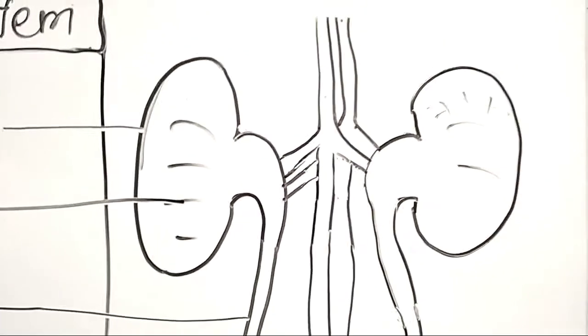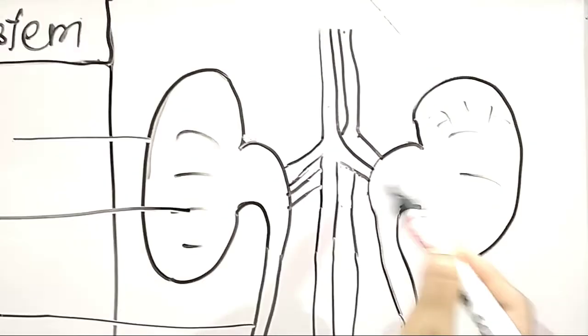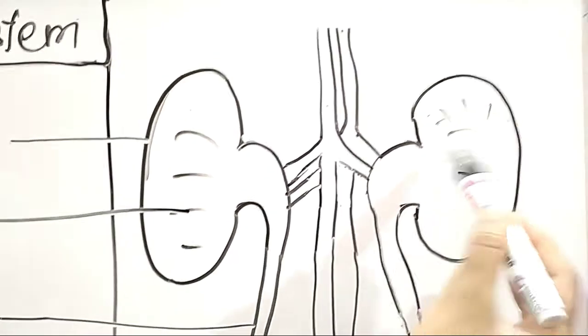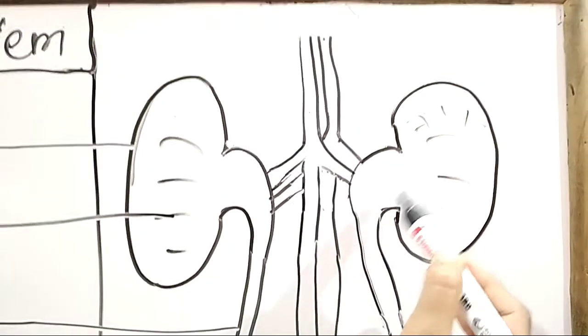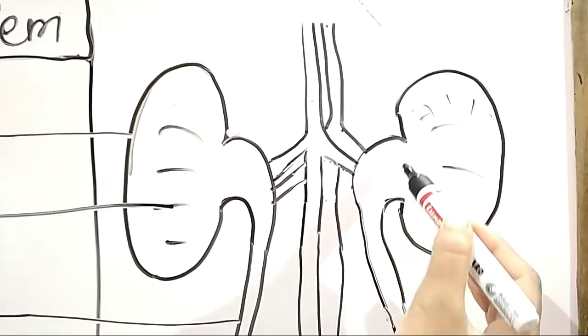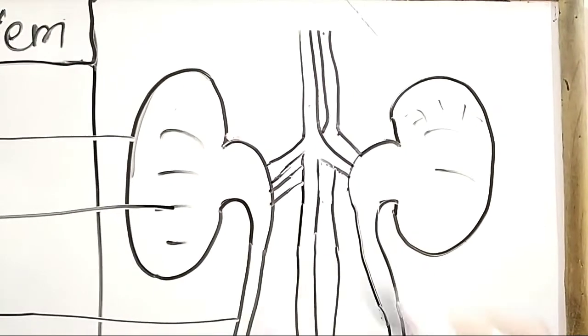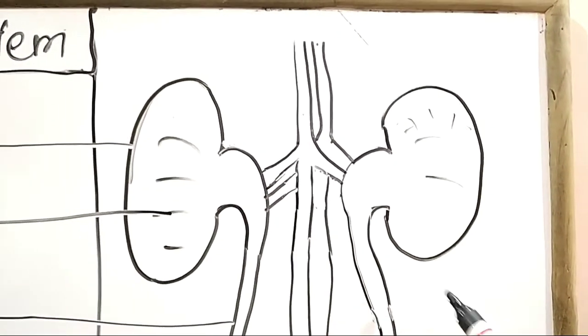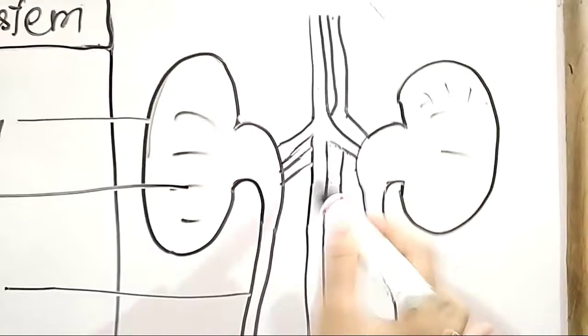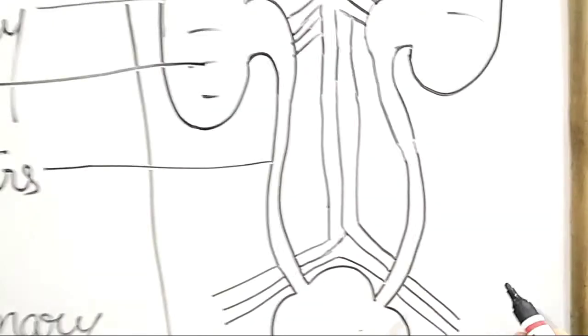Blood brings waste to the kidney through the renal artery and it is filtered here. After that, the cleaned blood is sent out from the kidney through the renal vein. And you can see here the renal artery and vein together.